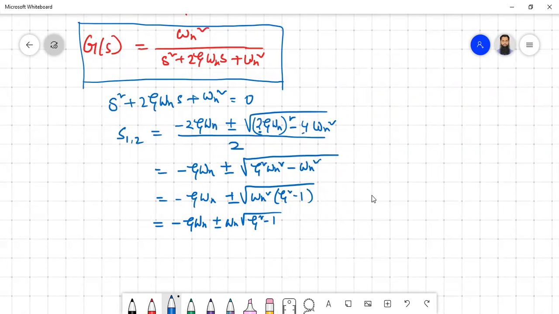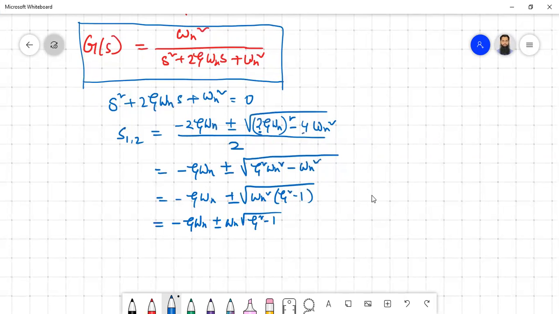Now, what should be the system's response? We'll be going into that later, but what you can see here, from the earlier article, is the relation between the pole location and your system's response.